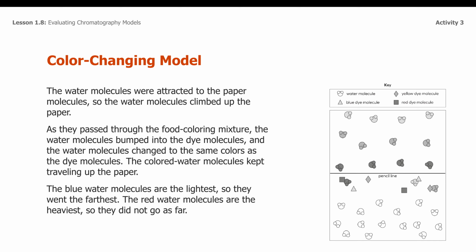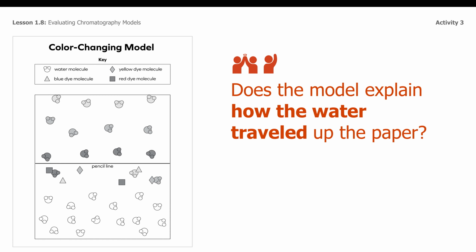So in the color-changing molecules, we just read that before, so I'm not going to read that again. You could rewind the video if you want. All right. So here are some questions I'm going to ask you guys, and you could pause and discuss it with whoever you're watching the video with, or just think about the question on your own. First question, does the model explain how the water traveled up the paper? Think about that.